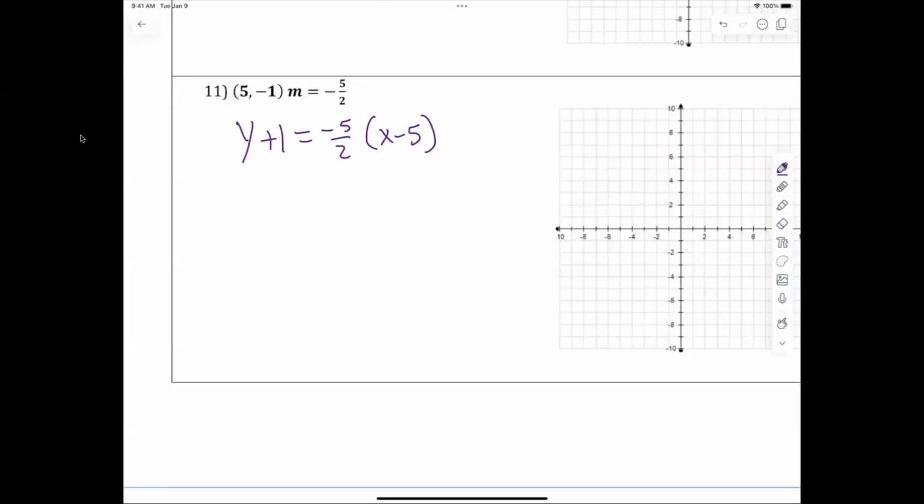Y, negative one. Perfect. Then from there, down 5 to the left 2. Right 2, because the 2 is positive. Perfect. Right 1, down 5, plot a point. From there, down 5 to the right 2. Good for you.